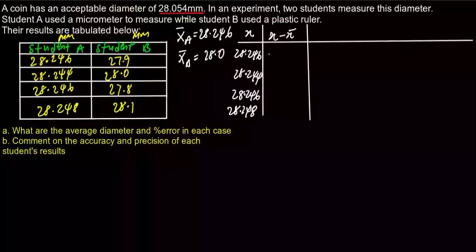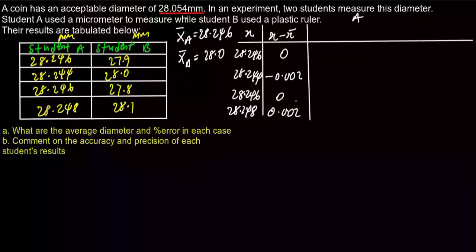For student A, x minus x bar with the mean gives me 0. Here I'll have minus 0.002. Here I'll have 0, and here 0.002. For standard deviation, remember I will need x minus x bar squared.